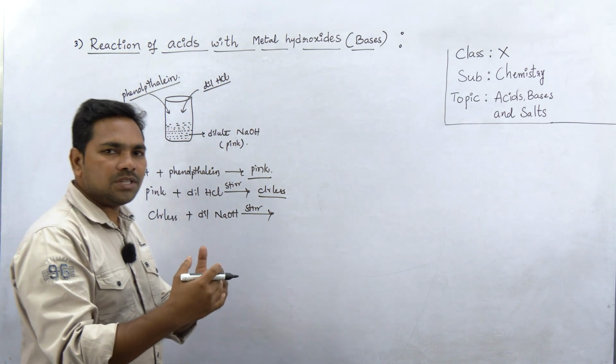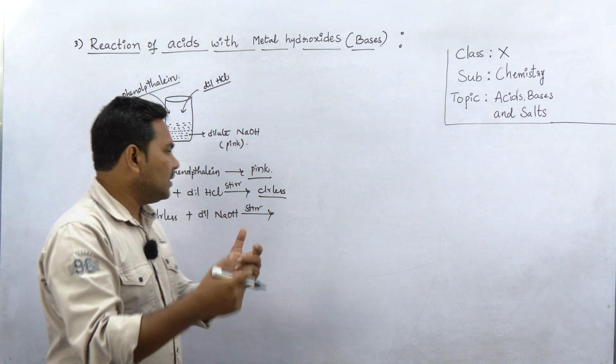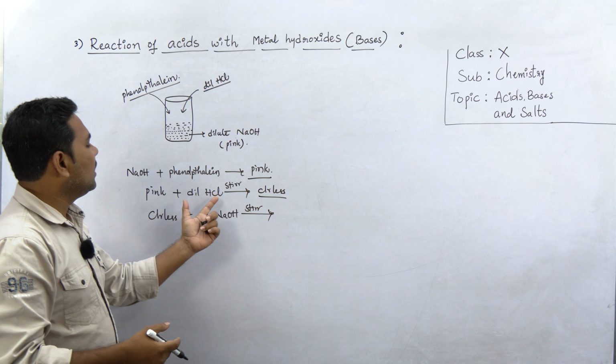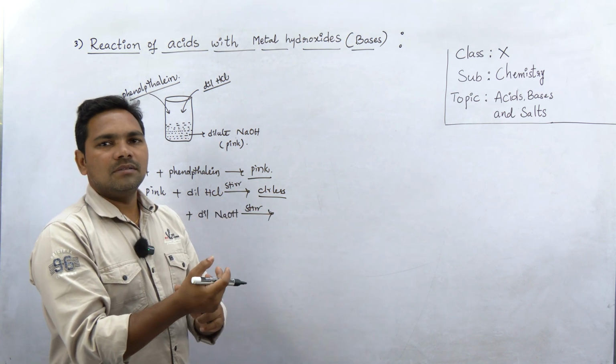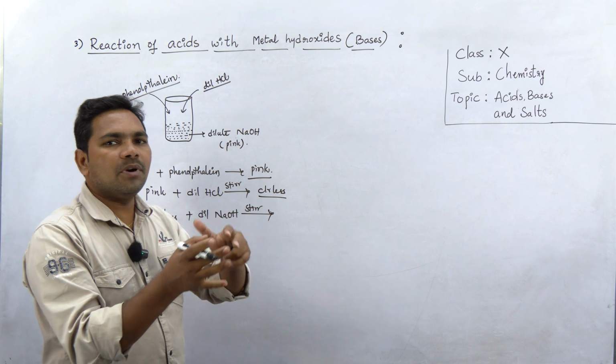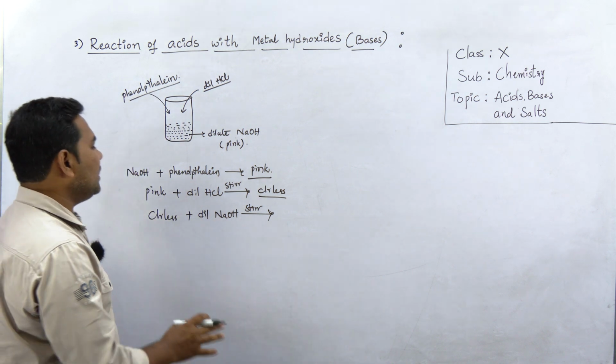First I took NaOH, then I added phenolphthalein, it became pink. Then to this pink solution, I added acid and stirred well, so it became colorless. The pink color disappeared because the basic properties of NaOH are cancelled.